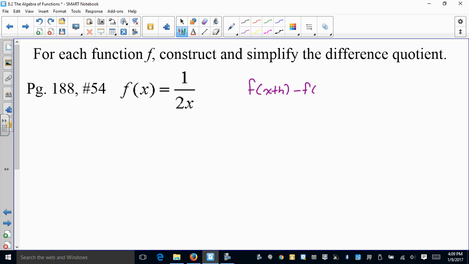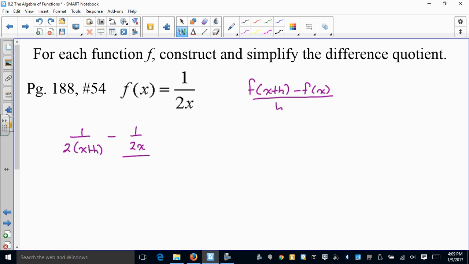The only bad thing about this one is it's a fraction to begin with. So I have 1 over 2, and I need the x plus h, so 1 over 2 times x plus h, minus 1 over 2x, all over h.